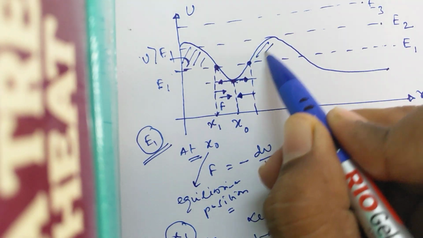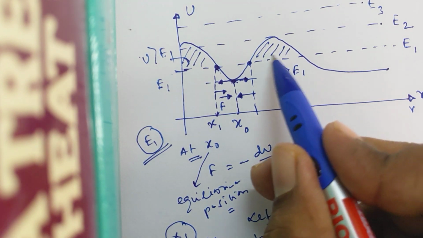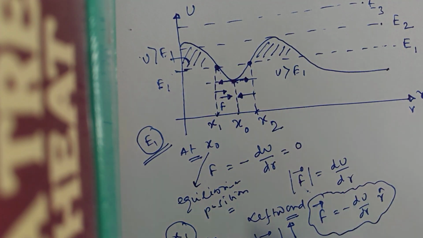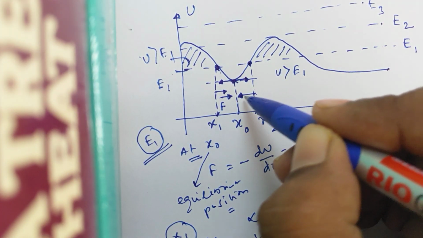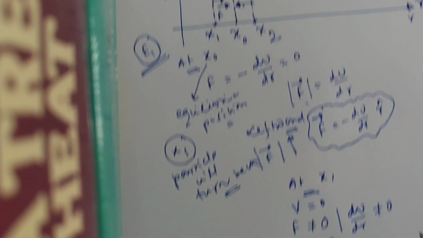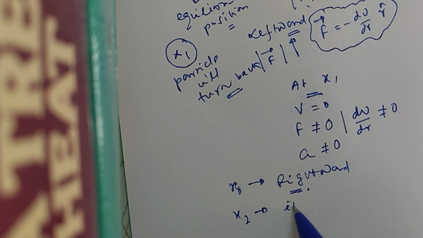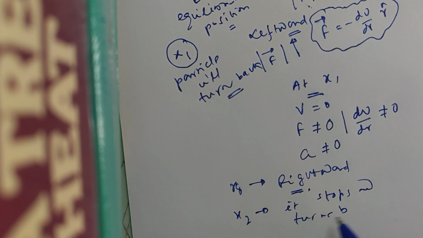Up to this, because in this region again U is greater than E1, so the particle cannot exist there because kinetic energy would be negative. So it can go maximum up to x2. Again at x2 it will stop, velocity 0, acceleration non-zero, so it will turn back. So again I will write that at x2 it stops and turns back.